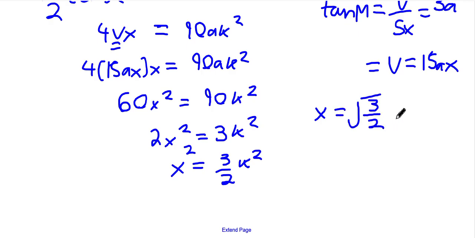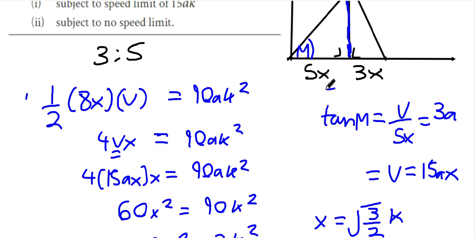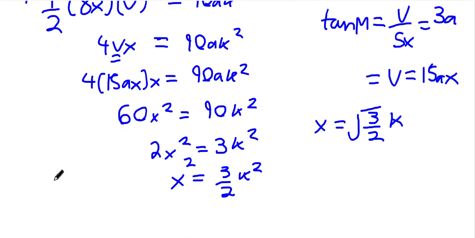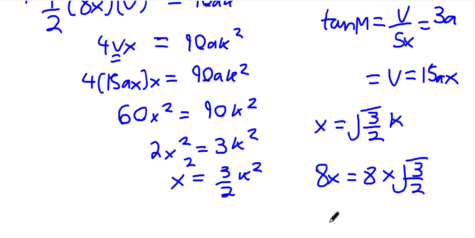Root 3 over 2 K, is it? And then if I multiply that by how many of them do we have? 8 in total, yeah? So total time is 8x. Will somebody do 8 multiplied by root 3 over 2 for me? 4 root 6. Is that the correct answer? Yeah. Alright, there you go.